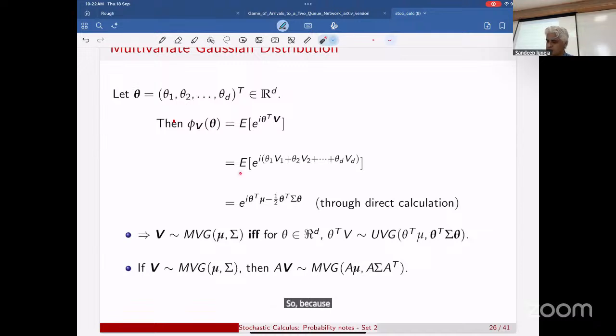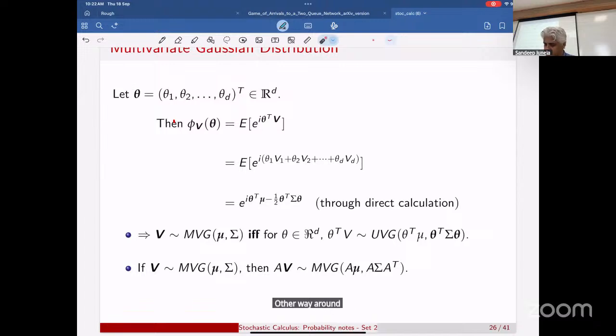So because it's a single Gaussian variable, I get this form for every theta, then I conclude that my multivariate Gaussian characteristic function has the following form for every theta, and that it must be multivariate Gaussian because it has the form of a multivariate Gaussian.